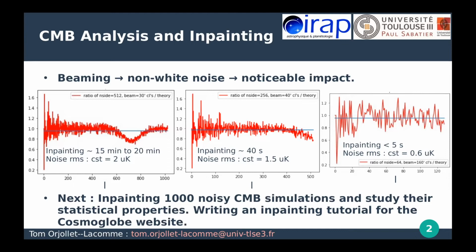So the inpainting seems to be okay with theory. And I want to test this affirmation by studying many noisy CMB map simulations. And after that, hopefully I'll be trying to write a small tutorial for the Cosmoglobe website, so people can redo what I did if they want. Thank you for your attention.